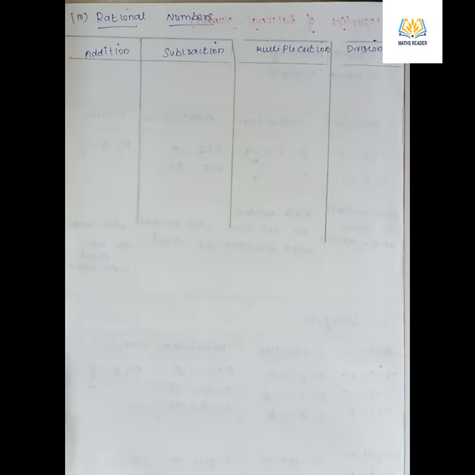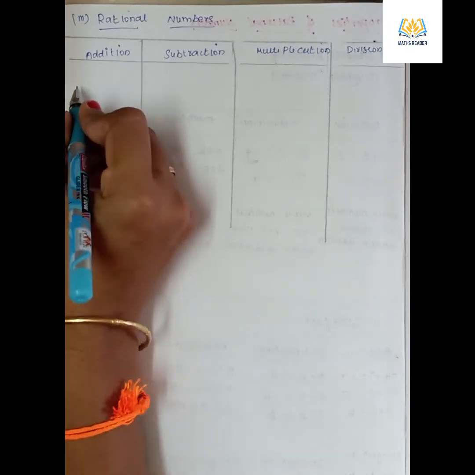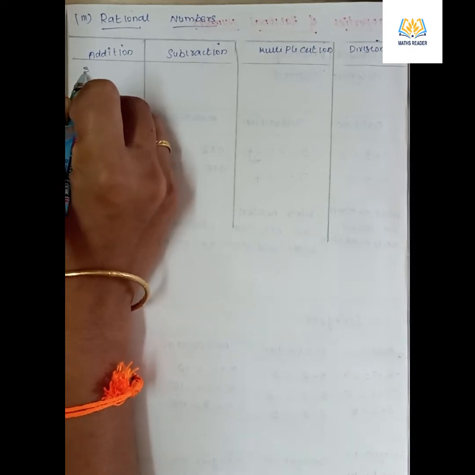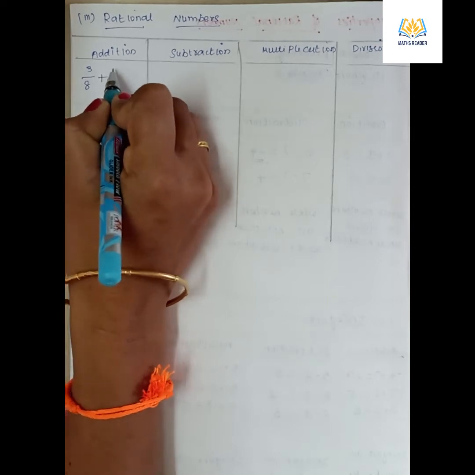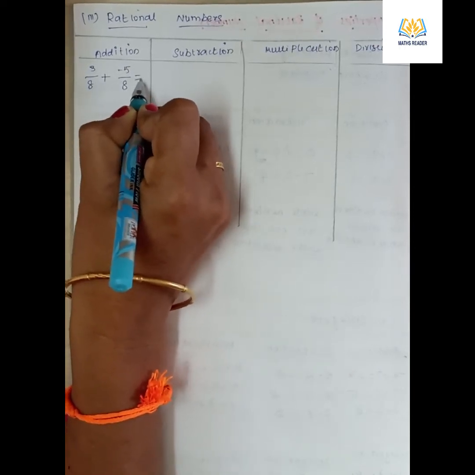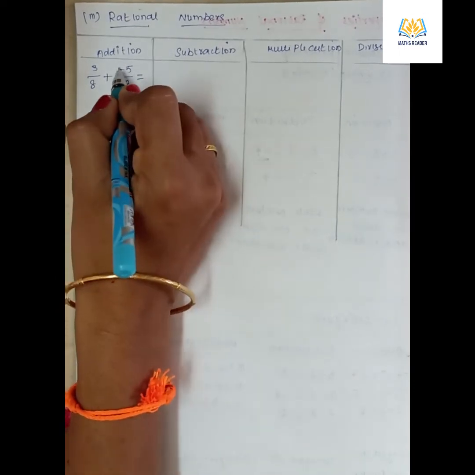Next we are going to check the closure property for rational numbers. First, let us check addition. Let us consider a rational number: 3 by 8 plus minus 5 by 8. This is a rational number, and minus 5 by 8 is also a rational number.